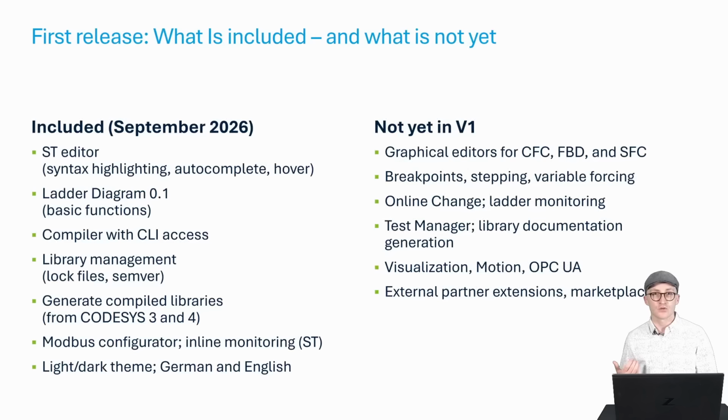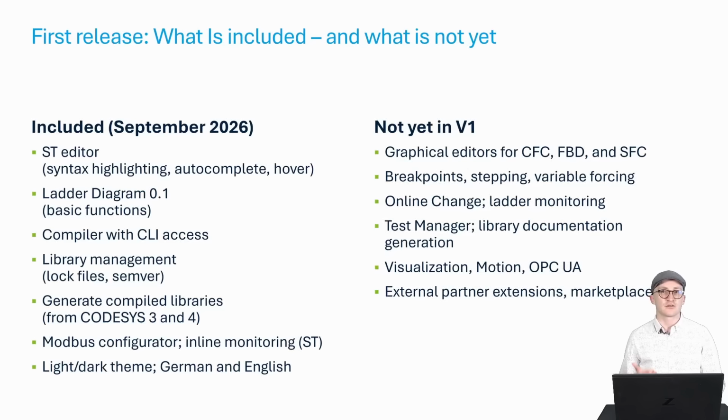On the right, what is not included: graphical editors for CFC, FBD, and SFC, breakpoints, stepping and variable forcing, online change and ladder monitoring, the test manager and library documentation generation, visualization, motion, and OPC UA, external partner extensions, and a marketplace.